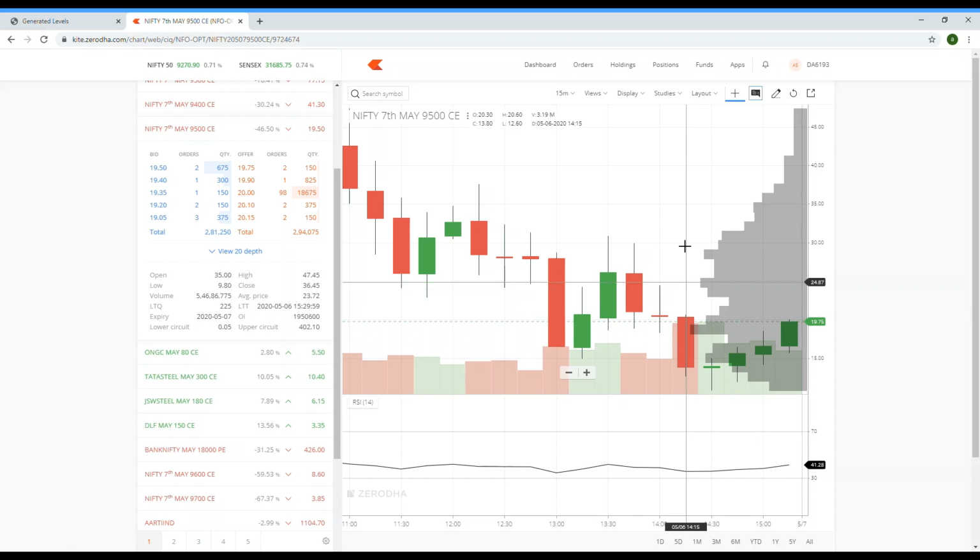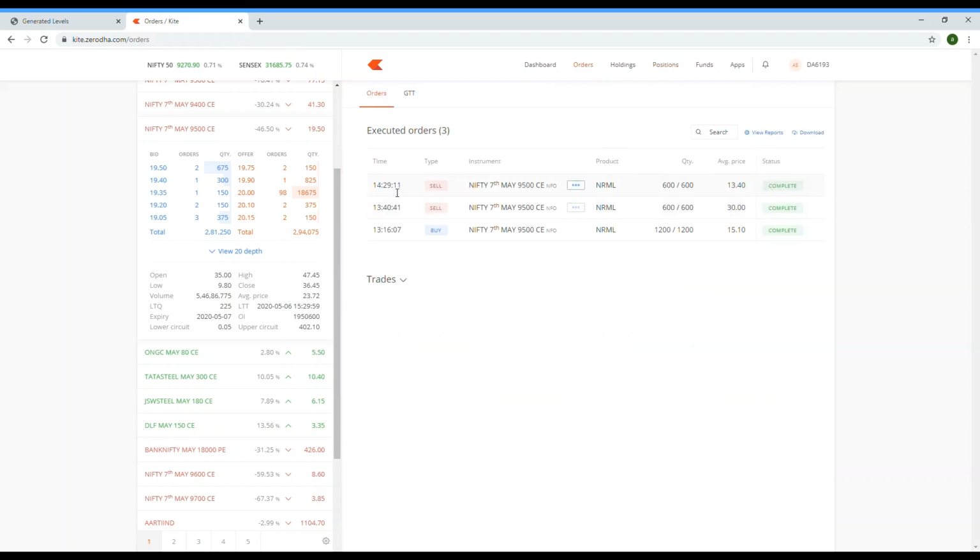Hence I closed the rest of it at 2:29 p.m. at 13.4, netting around 8,000 rupees profit on this trade. Although the profit potential at one stage was around 18,000, I captured around 8,000 rupees.